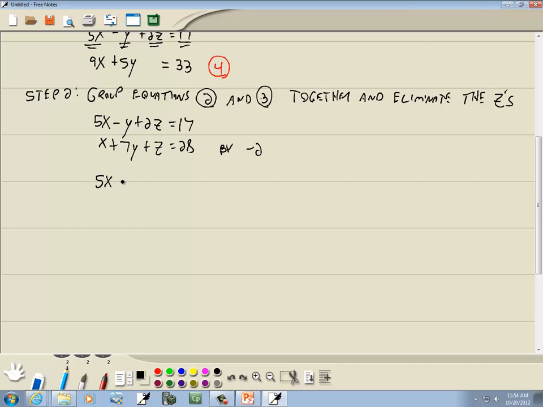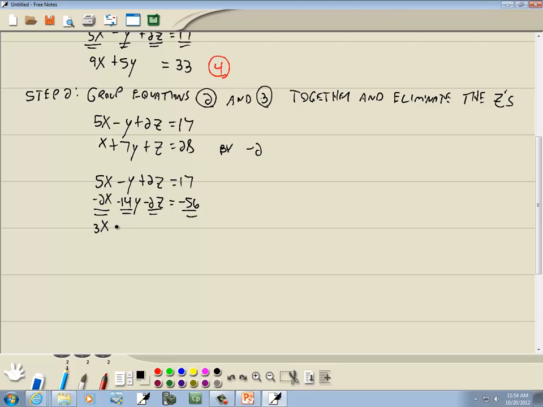First equation remains as is. Negative 2 times x is negative 2x. Negative 2 times 7y is negative 14y. Negative 2 times z is negative 2z. And negative 2 times 28 gives us negative 56. And I want to add these together. 5x minus 2x gives us 3x.